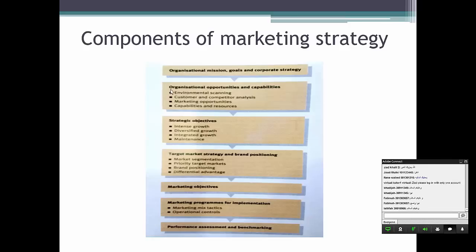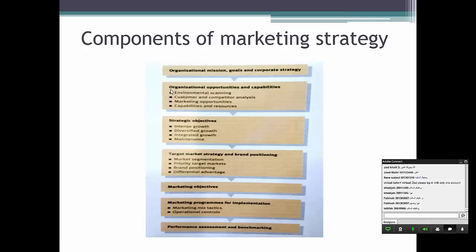After you define the mission, vision, and goals, then you need to study the market. For example, you can use the STEEP model. You know that the STEEP model is a model for analyzing the external environment, right? So here you also need to analyze the external environment using any models or tools.